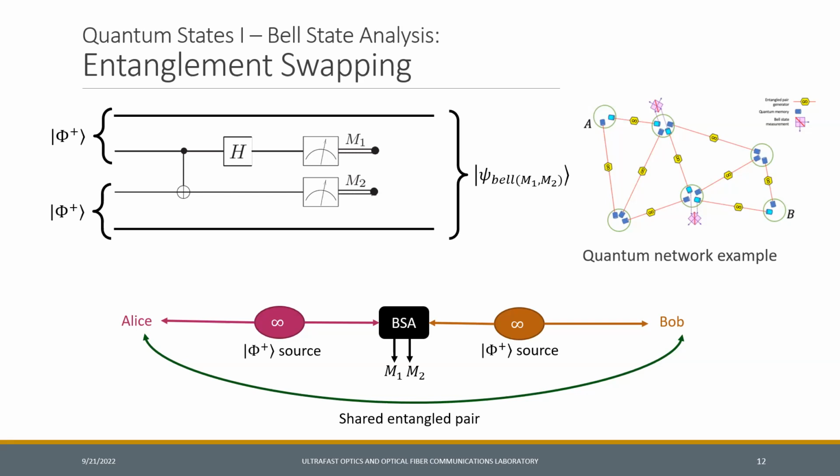Which Bell state we have will be determined by the status of M1 and M2. So this lets us take entanglement between these 2 users and turn it into entanglement between, for example, these 2 users. It lets us distribute entanglement throughout a complex quantum network.